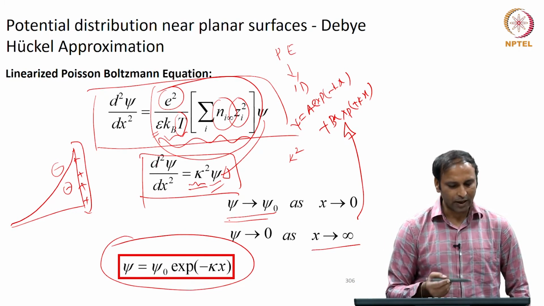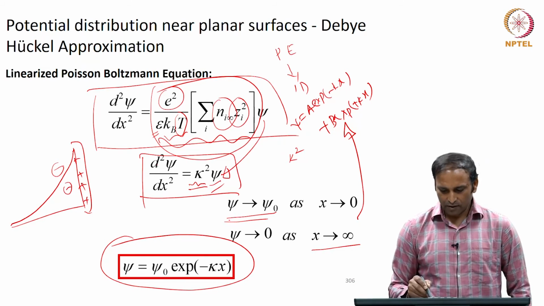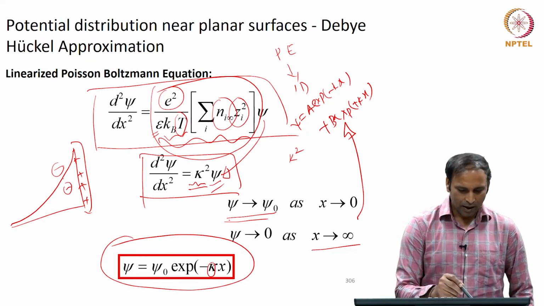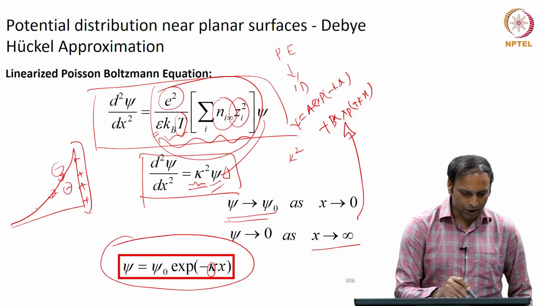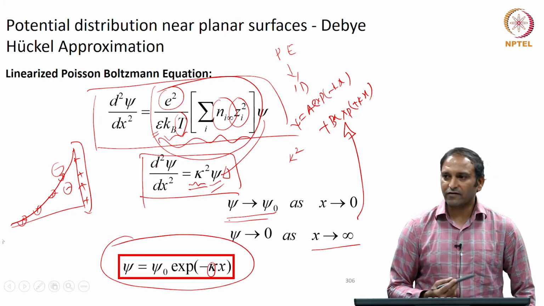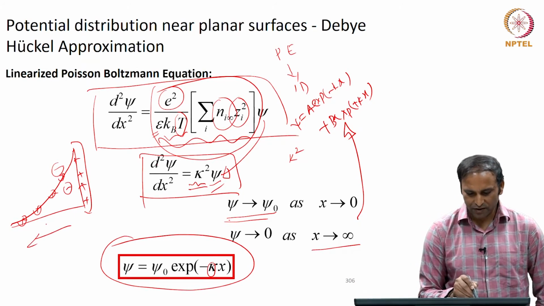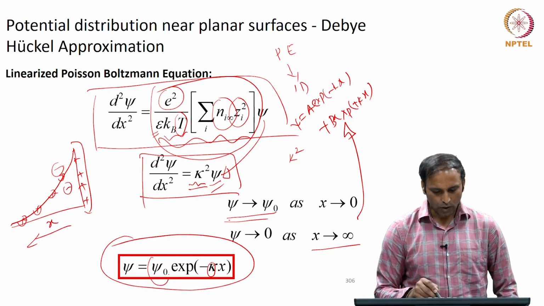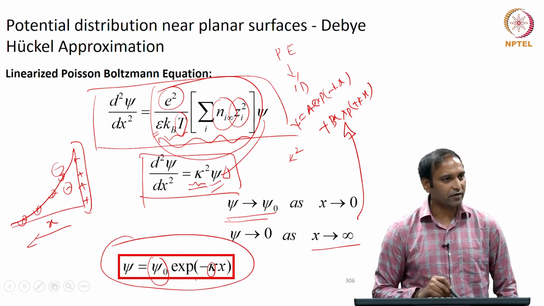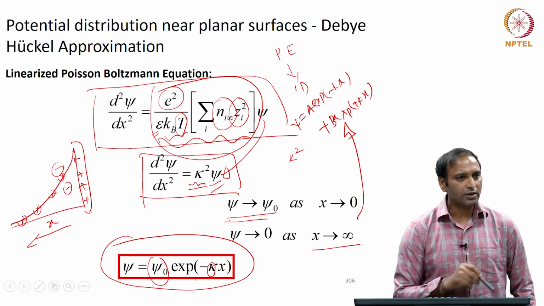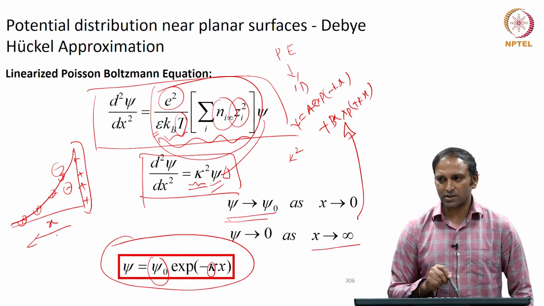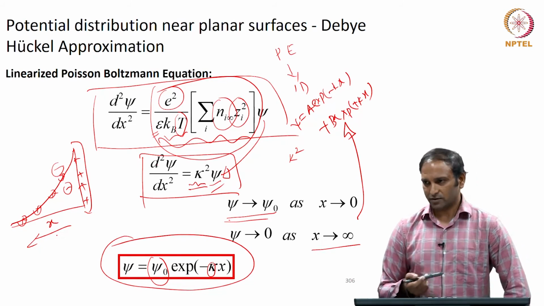Now, if I know what kappa is, I will be able to calculate the potential at every location. How does that vary as a function of separation distance? I should be able to calculate that, given that I know psi naught and kappa. That is what we were after.